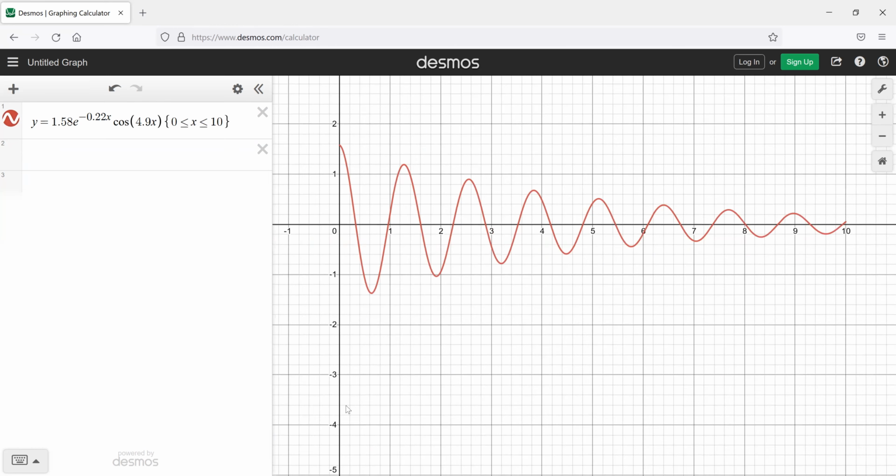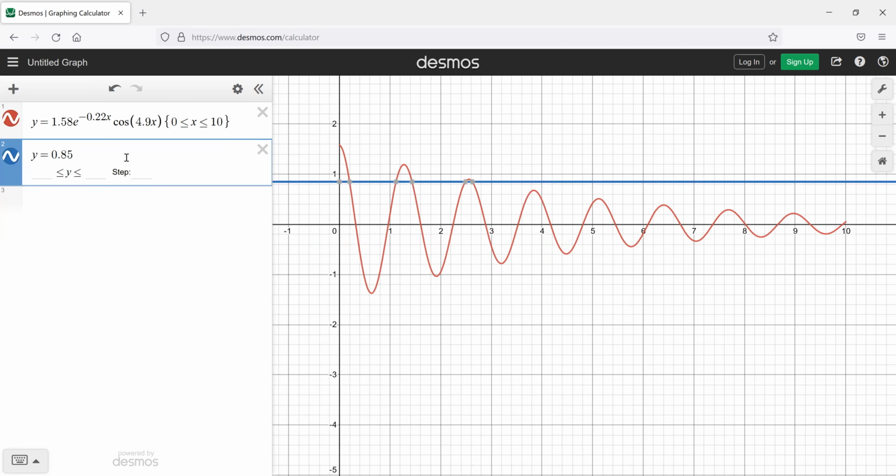Do you remember what you did next? After that, what number is it not supposed to exceed? 0.85 is what it looks like. It says does not exceed 0.85.